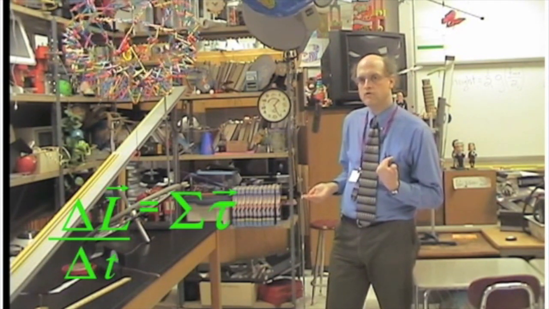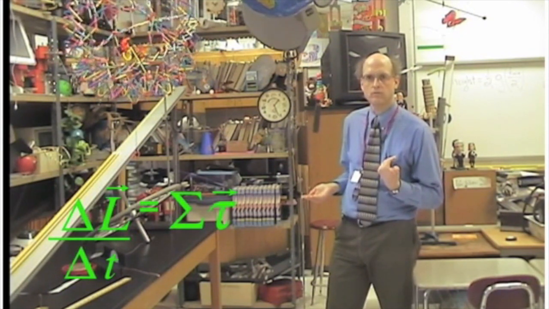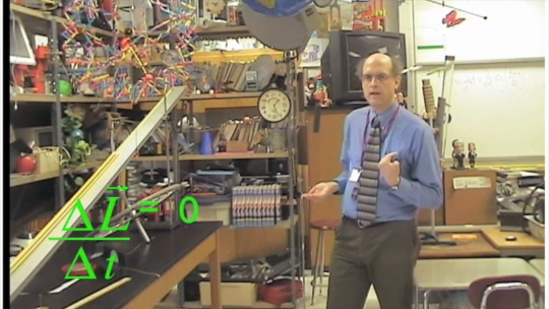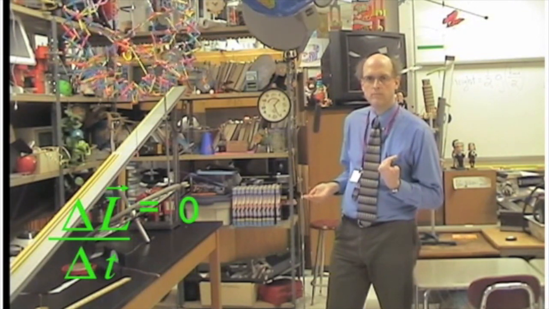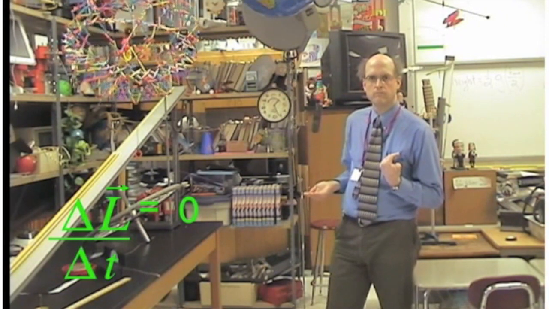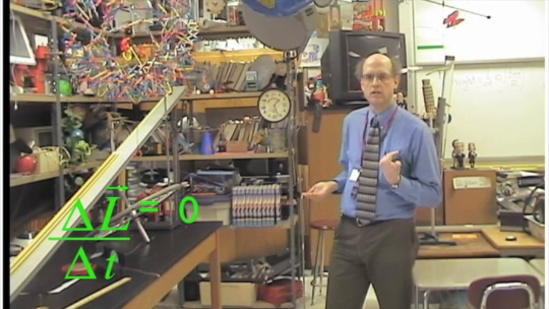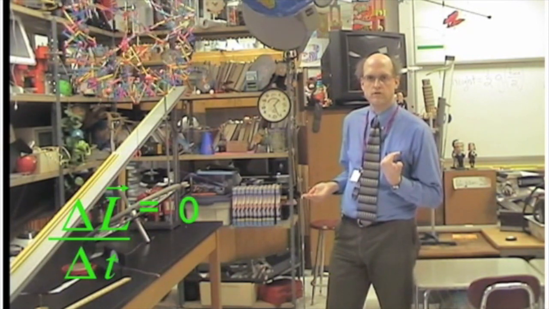Do you see that if you do not have the net torque, that is, if the net torque is equal to 0, then the change in the angular momentum divided by the change in time is 0. And this leads to that the change in the angular momentum is equal to 0.